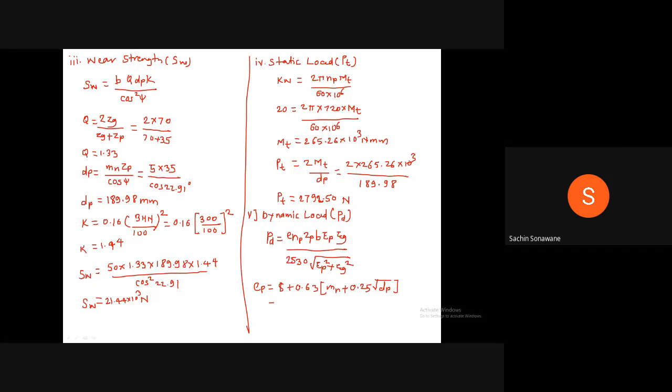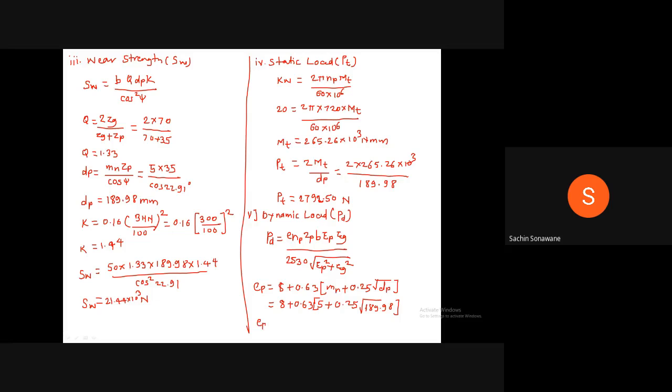Therefore, substitute the values: 8 plus 0.63 into 5 plus 0.25 into root of dp, means 189.98.